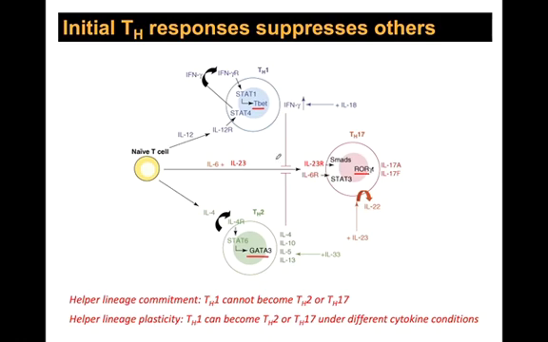Like if you start off as a Th2 cell and you get enough interferon gamma signal, you can actually come over here and become a Th1 cell. So you can have a conversion process. That's plasticity. So a Th1 cell can become a Th2 or Th17 if they get enough other signals.